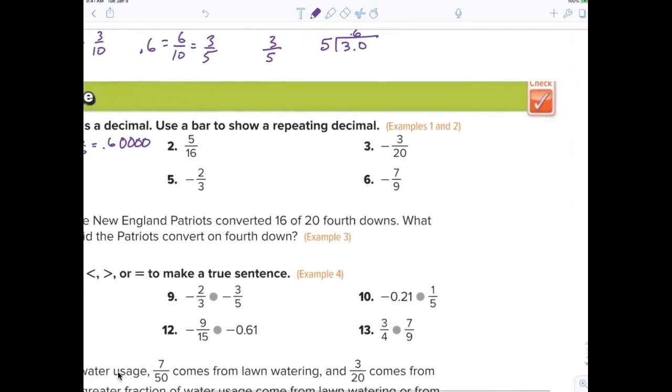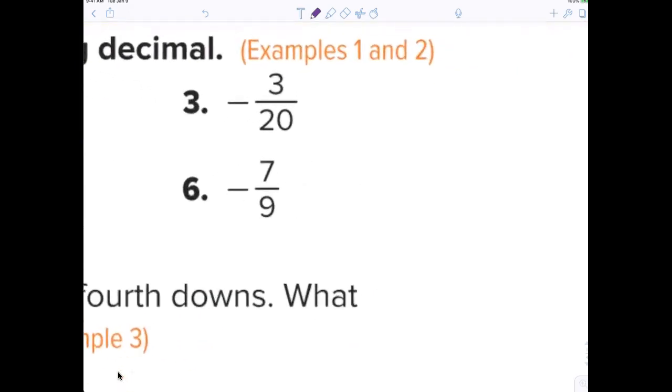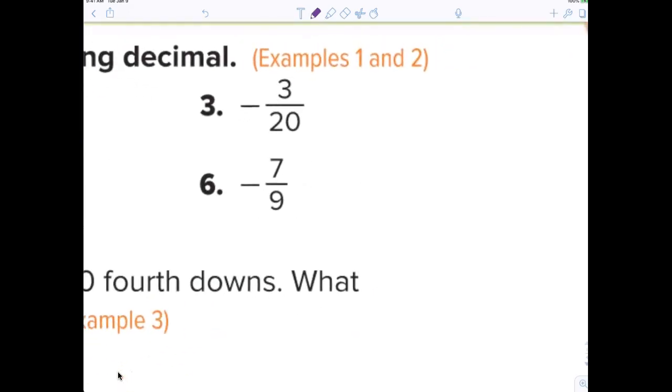Now I'm going to ask you about -3/20 is the next problem I want to talk about. We'll go back and do the other one. But I think everybody here should be able to say, obviously, -3/20 is what decimal? -0.15. Loud and proud. Even if it's wrong, it doesn't matter. -0.15.